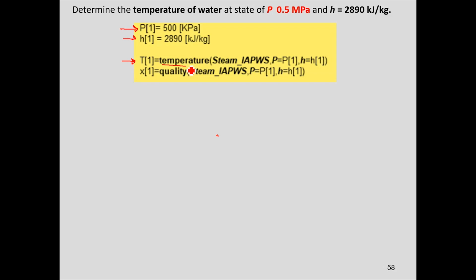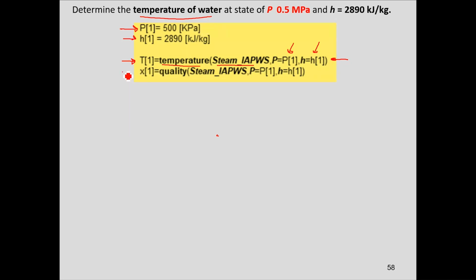So you'll use the temperature function, steam IAPWS table, two properties, pressure equals the stored value of pressure in column P row 1 and the stored value of enthalpy in column H row 1. Up till these three lines would calculate the temperature of water for you.